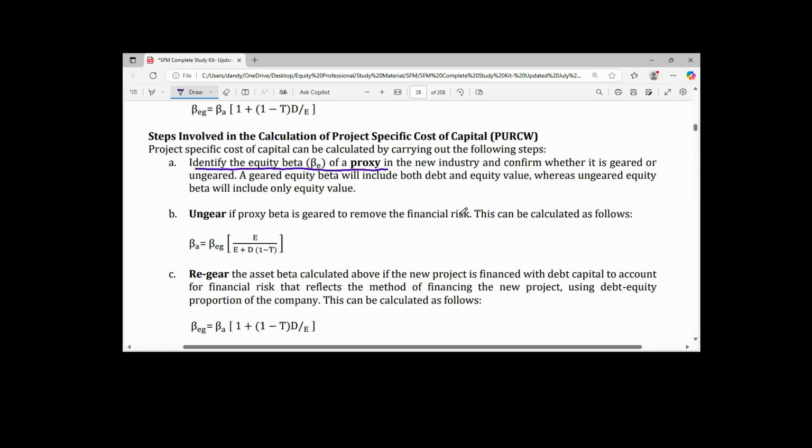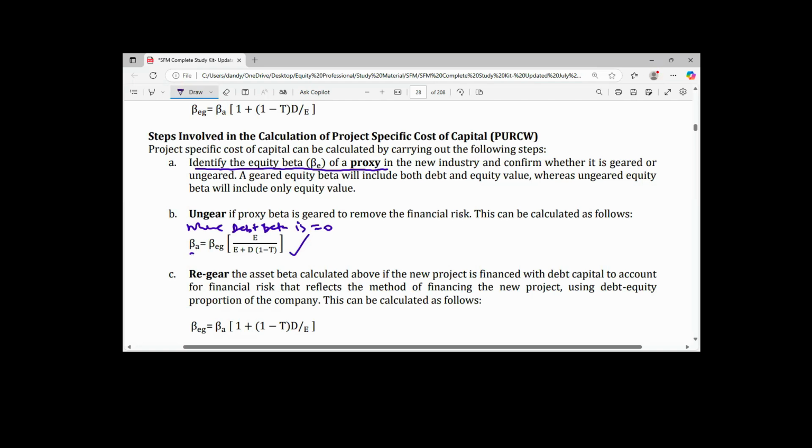Now, however, if you are told in the question that debt beta is risk-free, this is the formula you are supposed to use, where debt beta is equal to 0. That is, it's risk-free. Then this is the formula you are supposed to use.